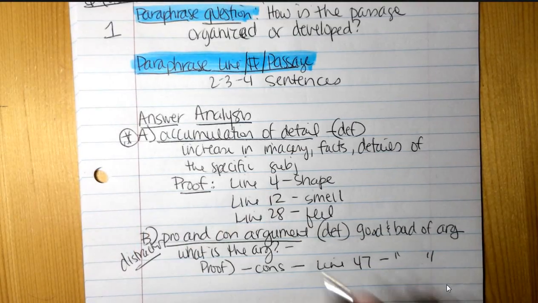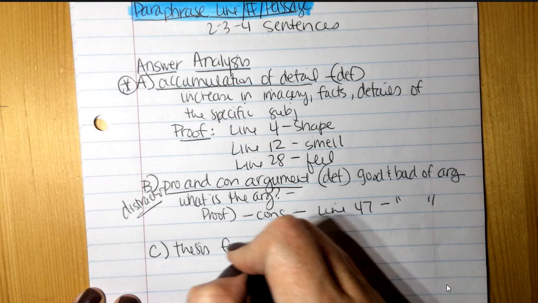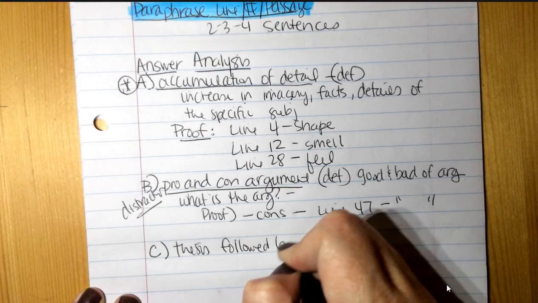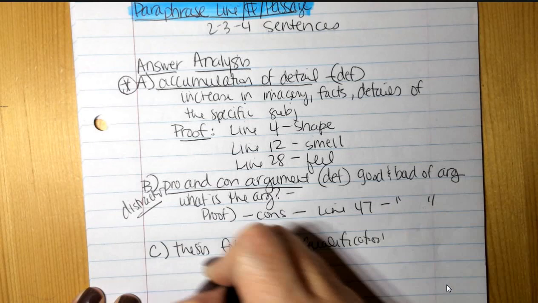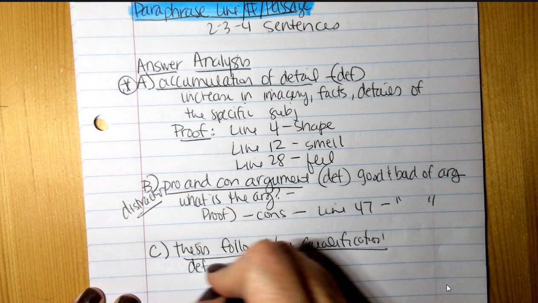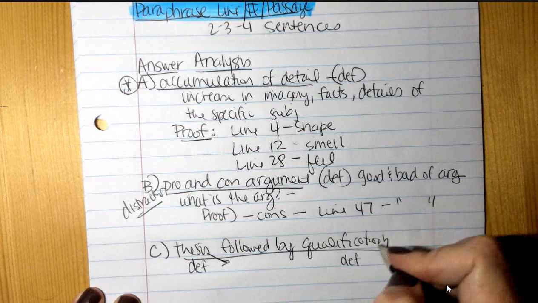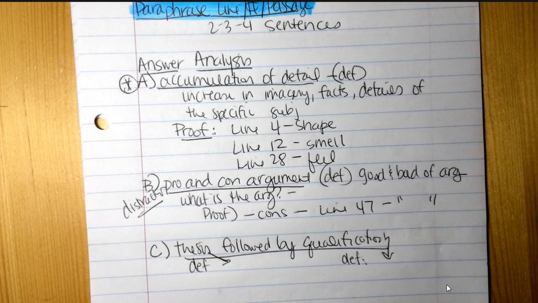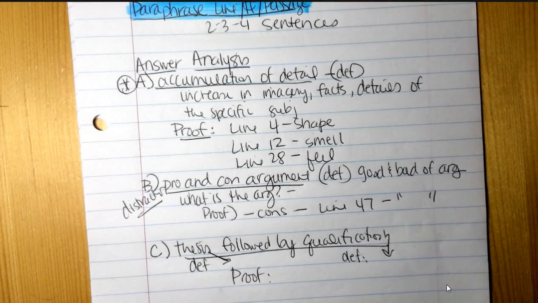Then we go to C. Thesis followed by qualification. Now you need to define thesis and you need to define qualification. And then, is there proof? Again, is there just a thesis in there and no qualification?